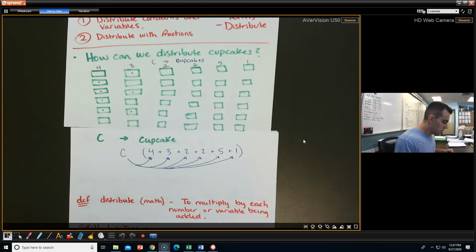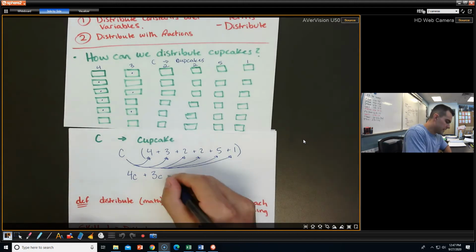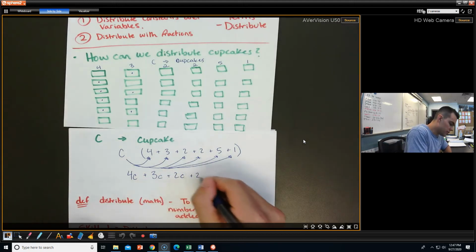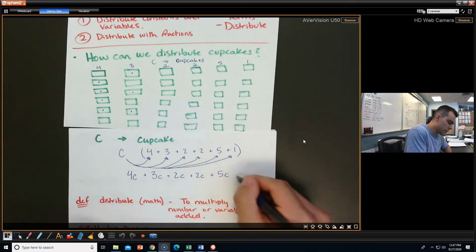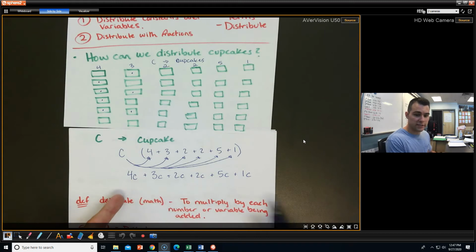So what's going on? Well, I know that 4 students are going to be getting a cupcake. And then there are 3 more students that get a cupcake. And then 2 more, then 2 more, then 5 more, and then 1 more. So these are all the students getting cupcakes.